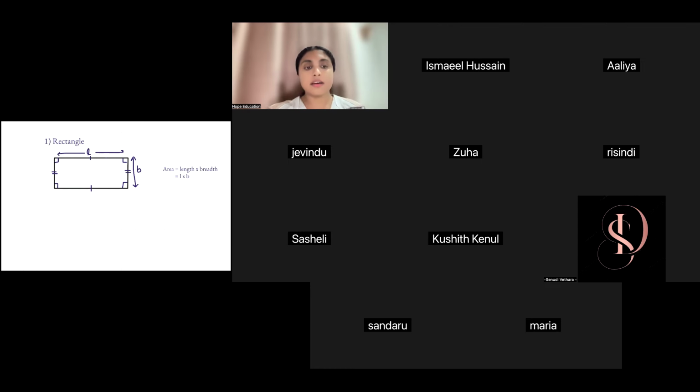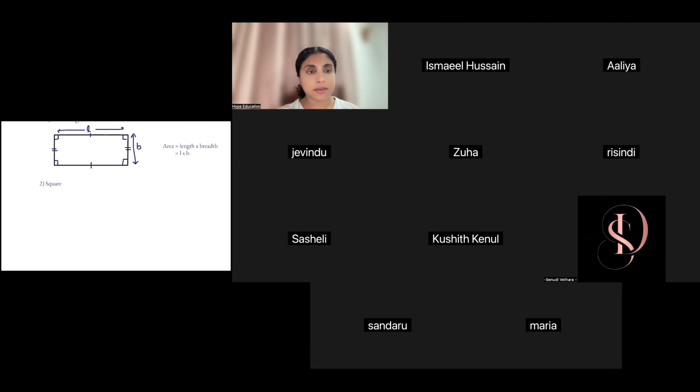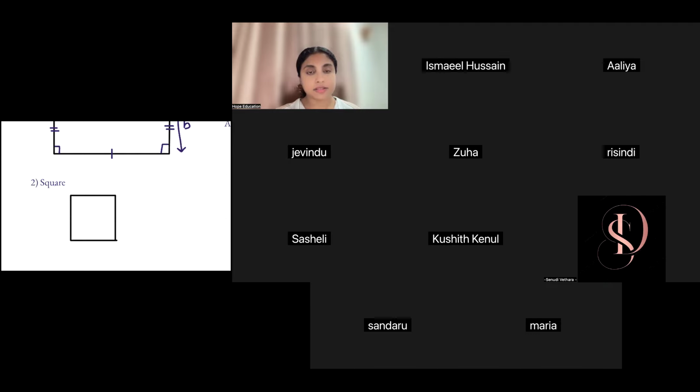Then if you take, let's say, a square. Let's say you have a square like this, and you know how a square is. Again, these angles are 90 degrees, and all four sides are equal.